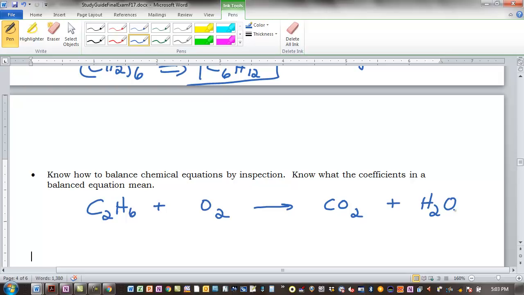Where do we start? What element should we start with? Start with carbon. Usually, not always, but usually it works out better to save hydrogen and oxygen for last. So we start with carbon. We have 2 carbons on the left. We only have 1 on the right. So let's add a 2 there.